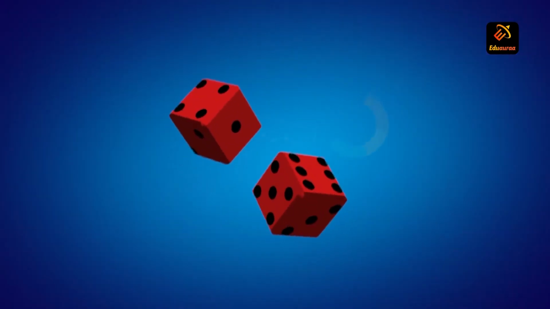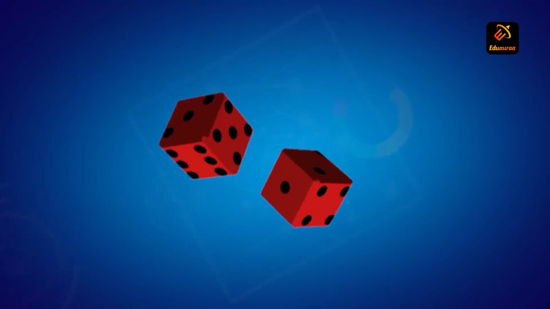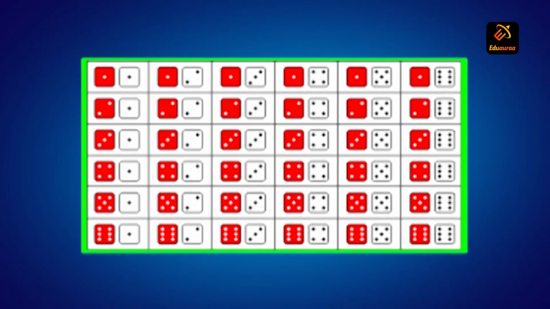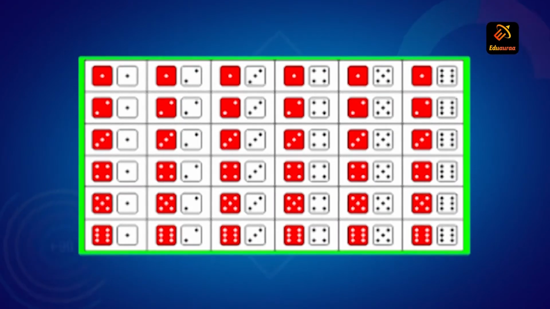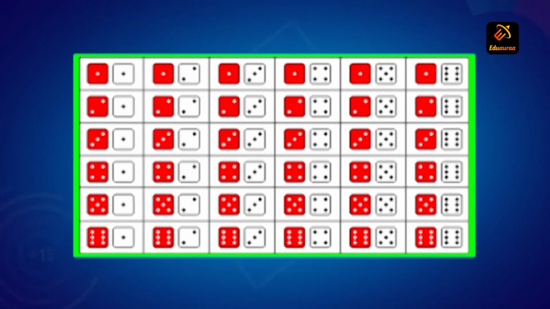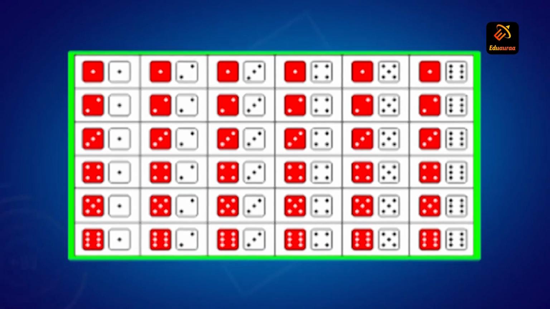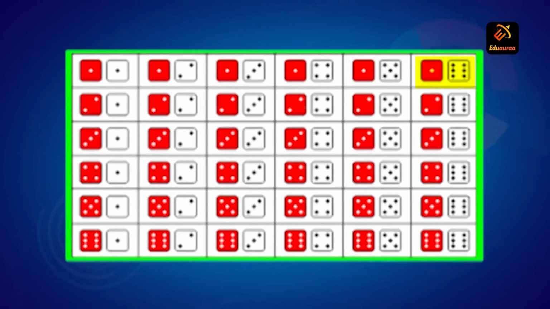Let us throw 2 dice simultaneously and find the sample space. The combined result can be denoted in this manner, or we can write in terms of ordered pairs. Suppose when the first dice is showing 1, the second dice can show any one of 1, 2, 3, 4, 5, 6.